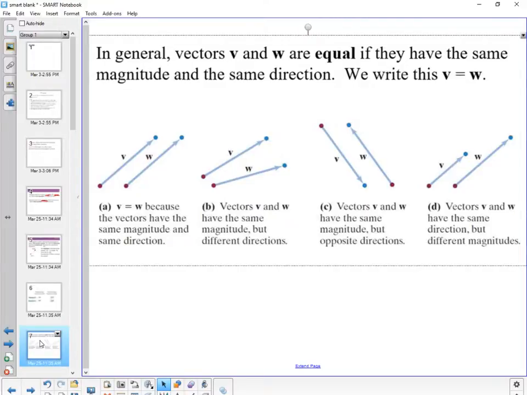For B, how do you know it's a magnitude? Right now we're told that these are the same. Later on we'll calculate them. They're telling us. Because the vectors have the same magnitude and the same direction. Vectors V and W have the same magnitude but different directions. Vectors V and W have the same magnitude but opposite directions. Vectors V and W have the same direction but different magnitudes.